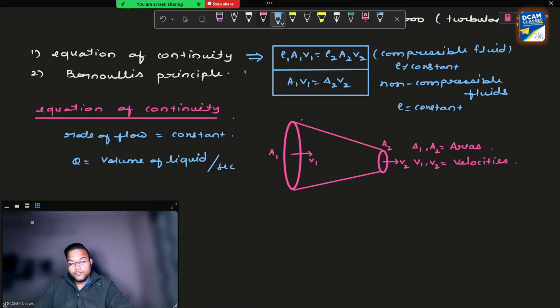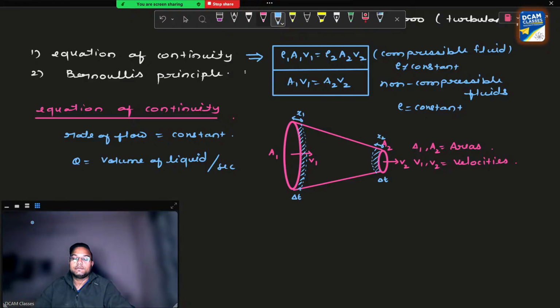Now suppose this much amount of liquid, meaning area and x1 amount of liquid, is flowing in delta t time, then from here x2 amount of liquid should be flowing in delta t time, and the amount of liquid flowing per second from this and this will be the same.